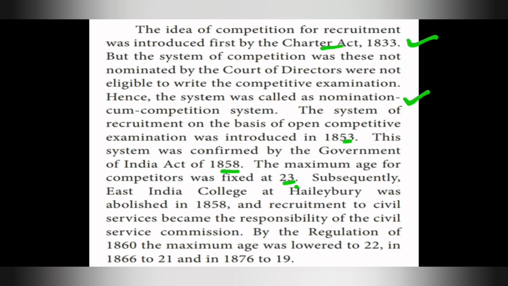By the regulation of 1860, the maximum age was lowered to 22, in 1866 to 21, and in 1876 to 19. So gradually they reduced the age from 23 to 22, then 21, and at last in 1876 to 19.